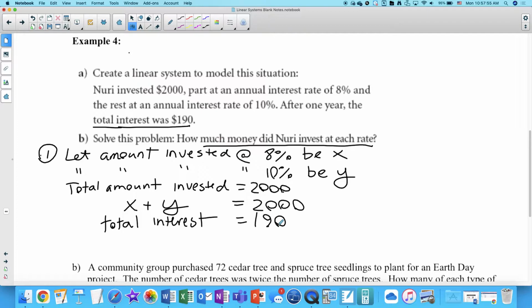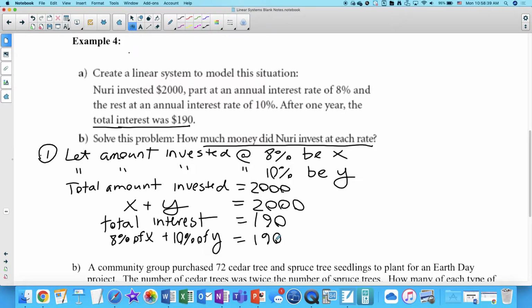Yeah, $8. That is not the full amount that she invests. It's 8% of that amount. 8% of 100 is the interest she'll get. But she didn't invest necessarily $100. She invested X amount. So the interest she's going to get from X is 8% of X. And the interest she's going to get from Y is 10% of Y. And that is what equals $190.